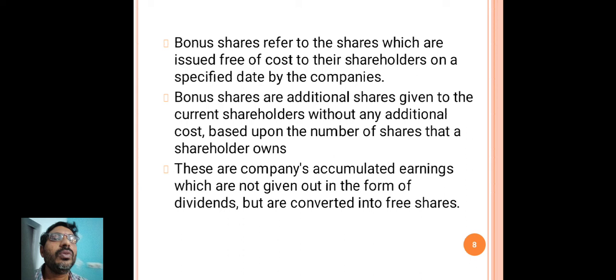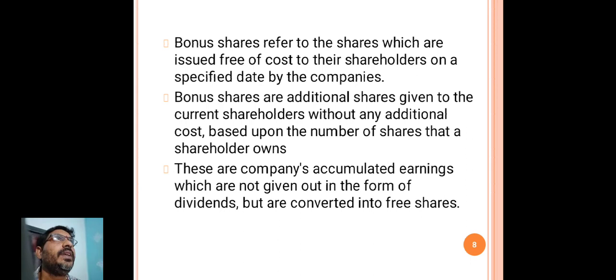So already shareholders are there, and depending upon the shares they have, the bonus shares are allotted to them free of cost, depending upon the percentage of shares they already own. These are the companies' accumulated earnings.